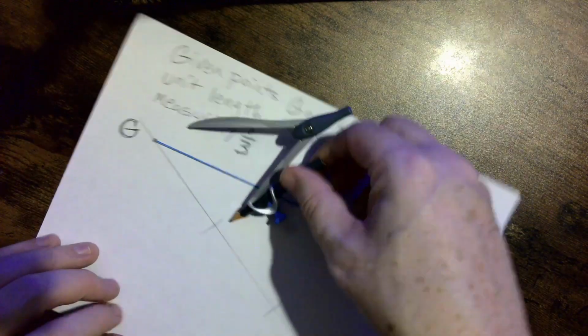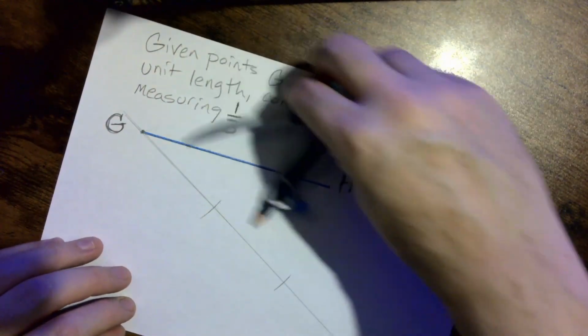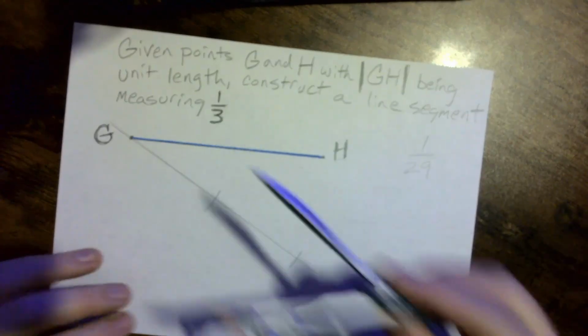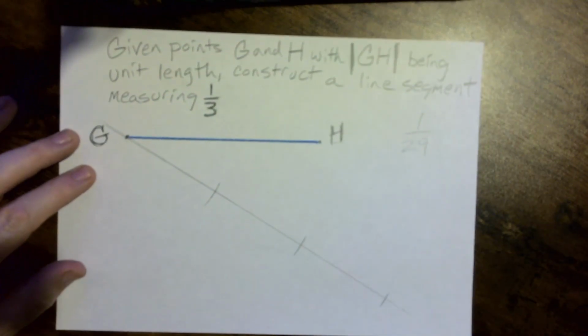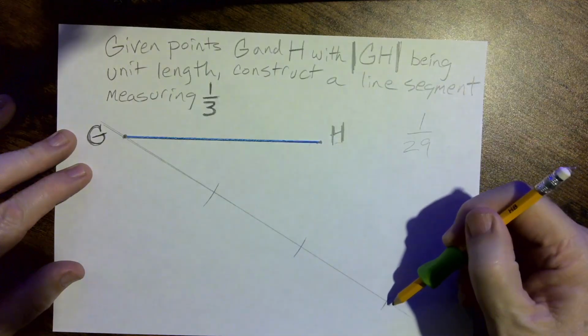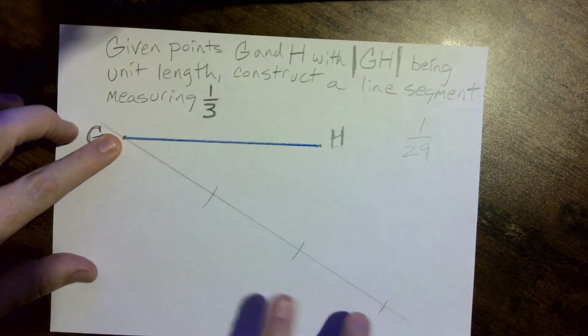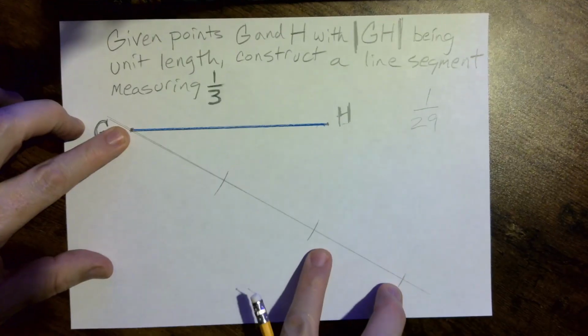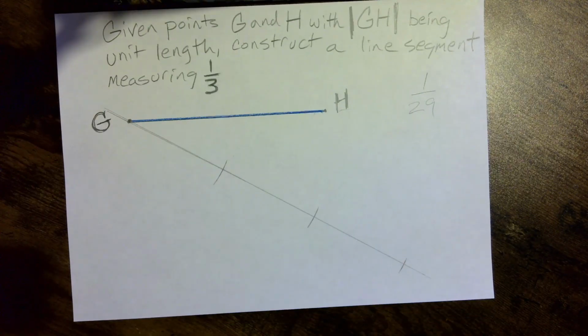Right? These are all the same distance. So here I have a line segment, and I've got 1/3 of that. Exactly, don't I?